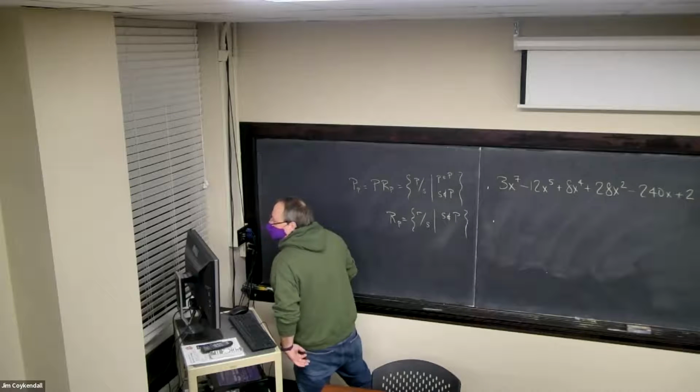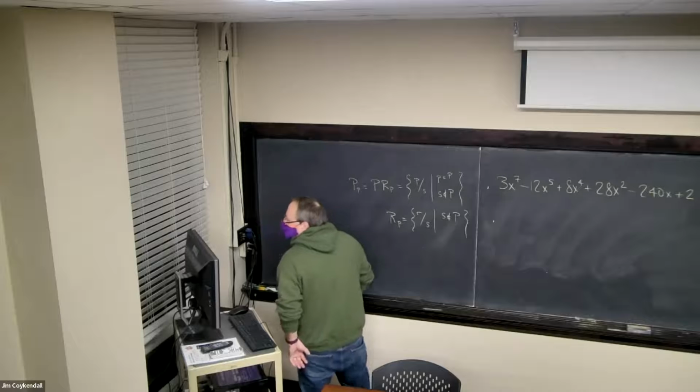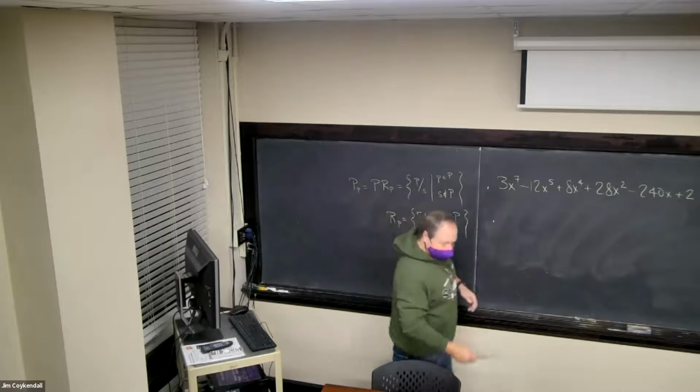We can use the rational root test to find possible roots. How can we show that none of these are actual roots?